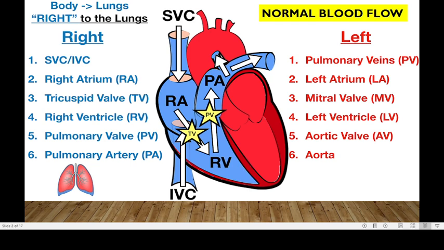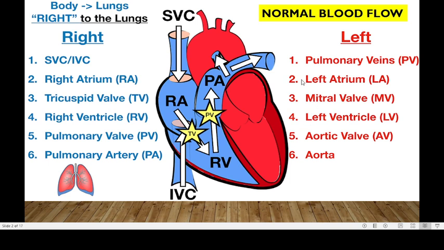The pulmonary valve ensures that blood flows in one direction, preventing backflow into the right ventricle. The pulmonary artery carries deoxygenated blood to the lungs, where it picks up oxygen and releases carbon dioxide. Then oxygenated blood returns to the heart through the pulmonary veins, entering the left atrium.